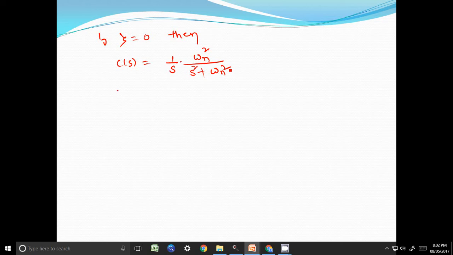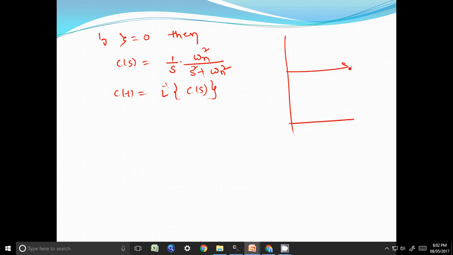To get c(t), we take the inverse Laplace transform of C(s). After doing partial fractions, we will first plot the input and output.